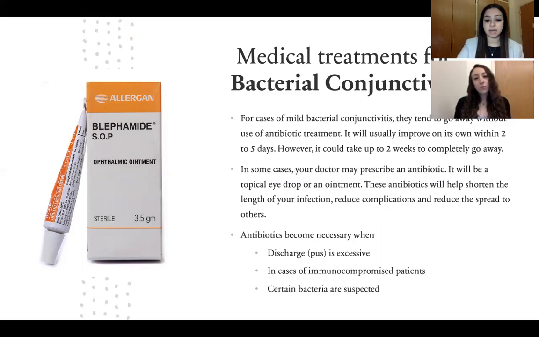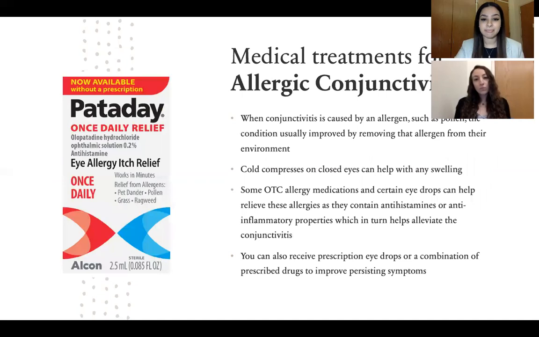It can become necessary when your discharge of pus is excessive, in cases of immunocompromised patients, and certain bacteria are suspected. Then we have treatments for allergic conjunctivitis. When it's caused by an allergen such as pollen, the condition usually improves by removing that allergen from their environment. This isn't always possible though, especially with seasonal allergies.